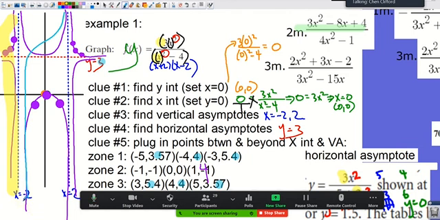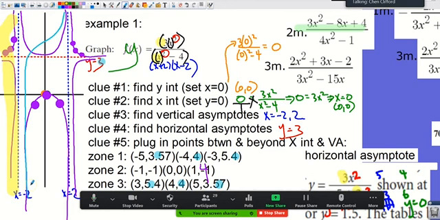So what are some easy x values in zone 1? Because you have a vertical asymptote of -2, I think you would agree that -3, -4, -5 are x values that are in zone 1. Again, -3, -4, -5 are x values that are in zone 1.